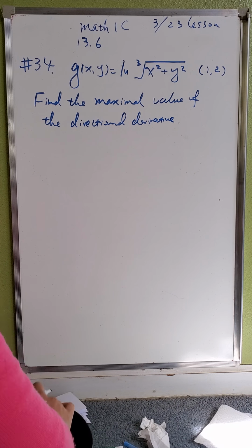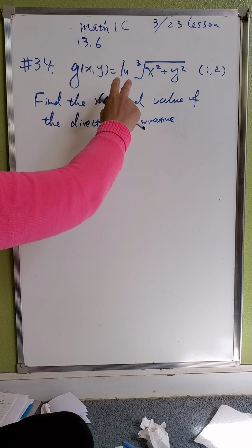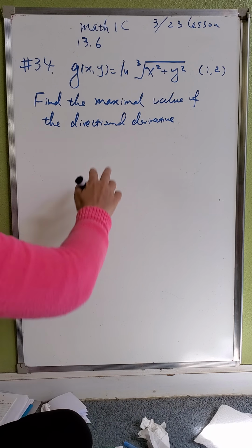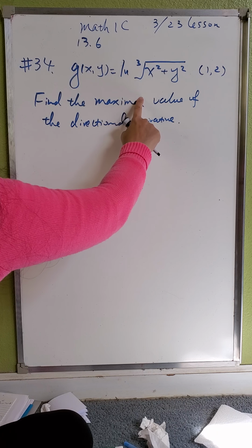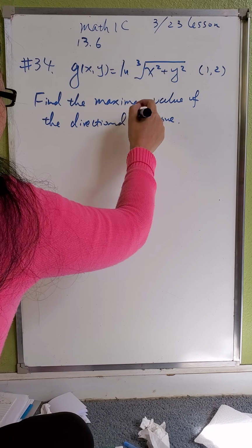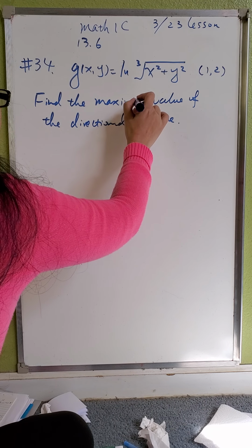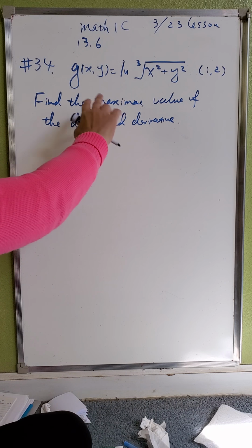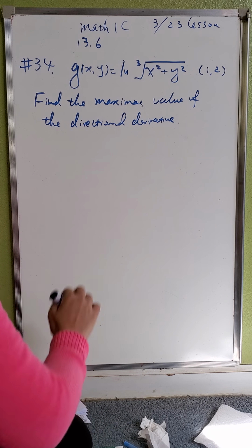Now you notice that they didn't even give you the direction vector here. They don't have to, because for the maximum directional derivative, the maximum, I make a mistake, huh? M-A-X-I, maximum. Feel free to correct me if I make a mistake on spelling.